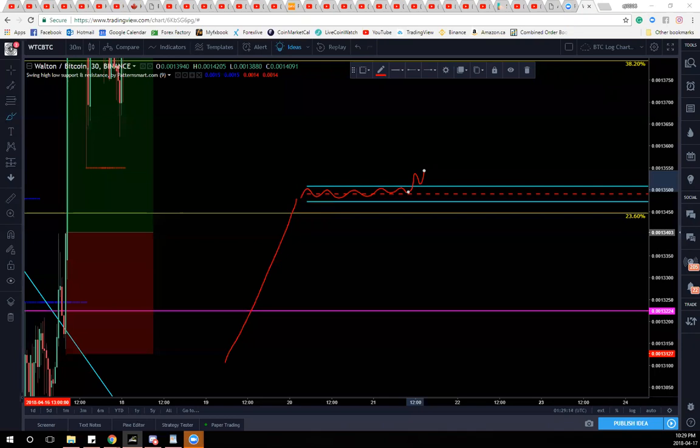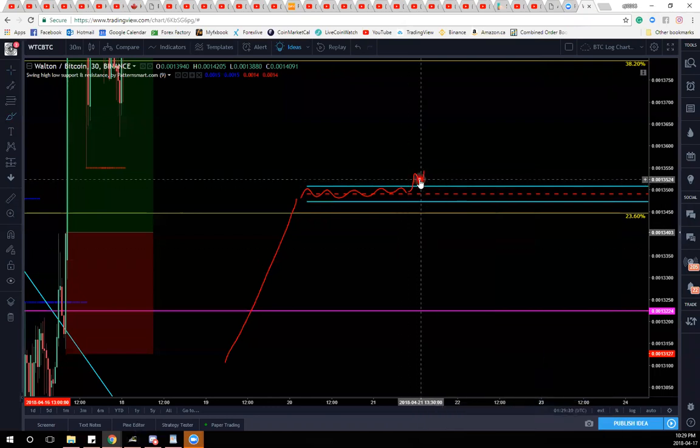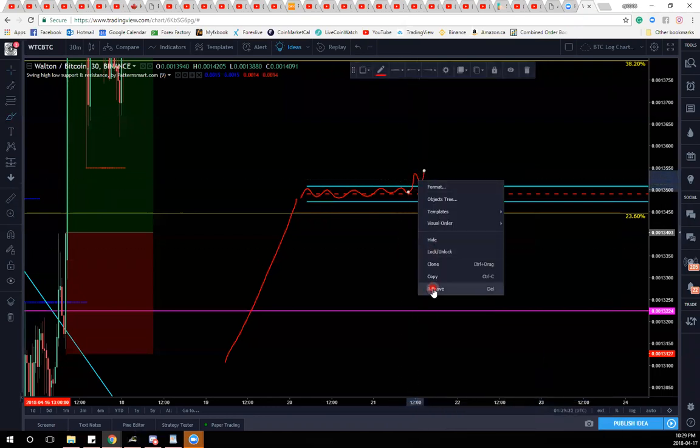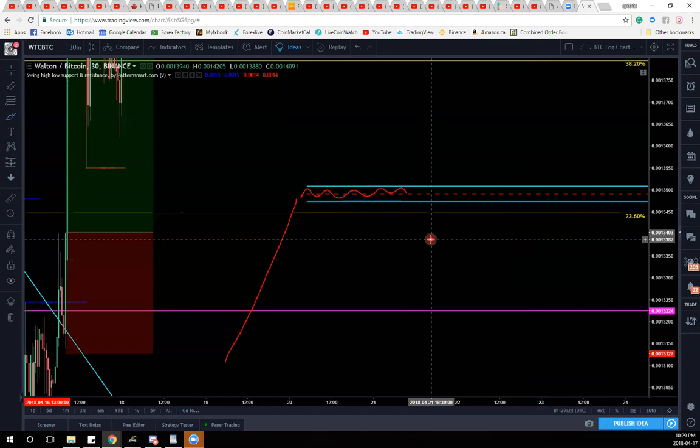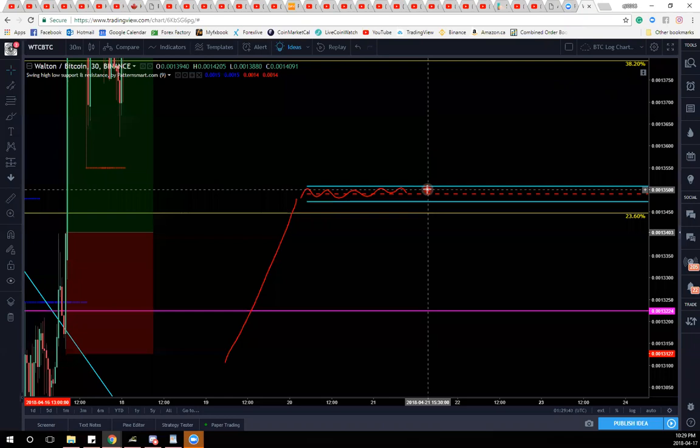But what if the wick touches it? That's okay, because if a wick wicks in, that's not closing in. It's still going to close out, as long as the body doesn't close in the pattern. So you're just looking for your close. Doesn't matter if it wicks through it.